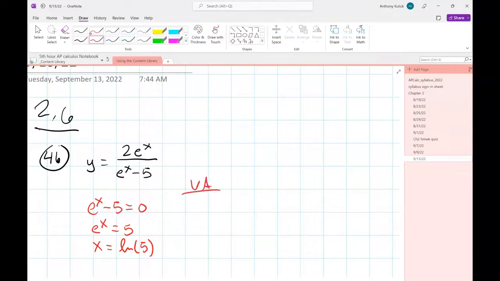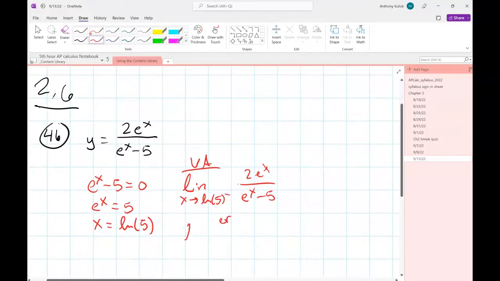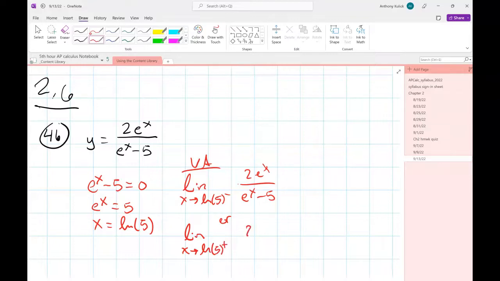So for the vertical asymptote, we'd be looking at the limit as x approaches the natural log of 5, either from the left or from the right. If either of these is going to equal negative infinity or positive infinity, we would say then that there is a vertical asymptote, right?